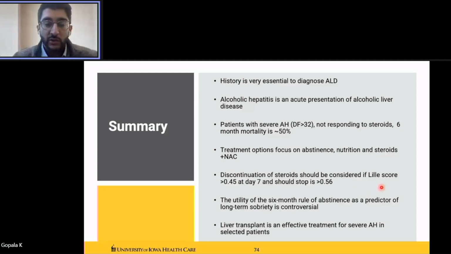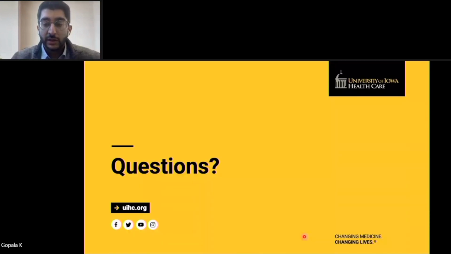And what I mentioned about the Lille score, calculating on day 7, and whether you should continue or stop. The 6-month rule of abstinence is controversial and arbitrary. And liver transplantation is effective for treatment of severe alcohol-related hepatitis or alcohol liver disease in selected patients.